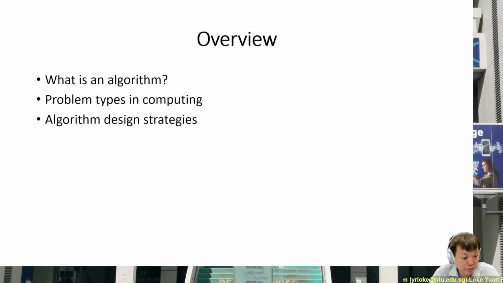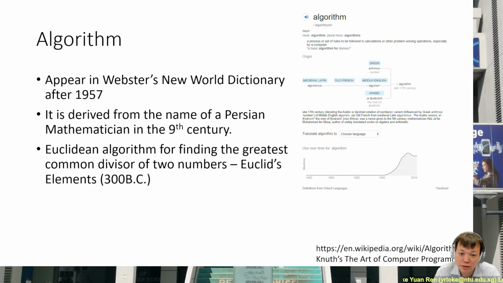So again, before I start my topic, I need to let you know what an algorithm is. A lot of people may have a wrong idea about what an algorithm is. If you Google search or ask ChatGPT, or search Wikipedia, they will tell you that people already came up with algorithms before we had the computer.